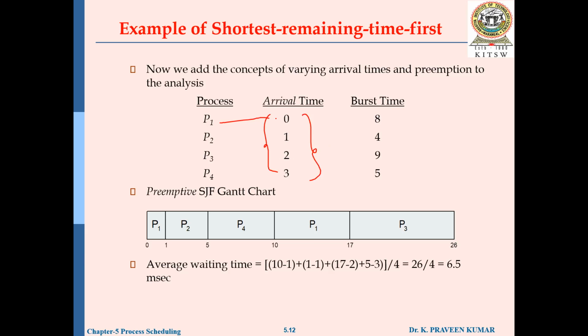These are the processes tied with their arrival times. The first process enters at 0, the second process at 1, then 2, 3, right? The corresponding burst times are 8, 4, 9, 5. Now let us draw a Gantt chart for this.